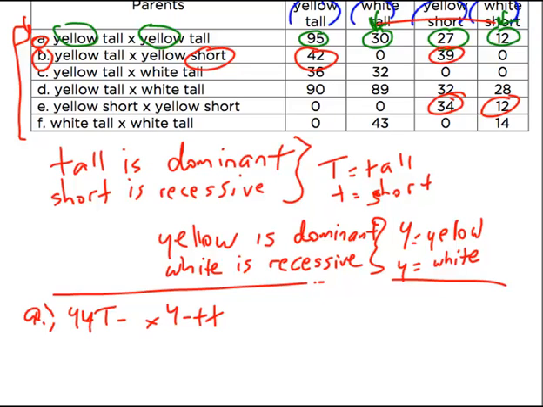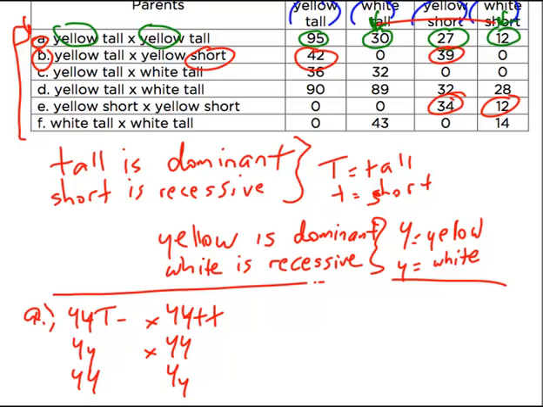If this one was big Y times big Y, you'd get all yellow. But there are two other situations where that could happen. If this parent was a heterozygote and this parent was a homozygote, all of the offspring still would appear yellow, right? And the same goes for the situation in reverse.